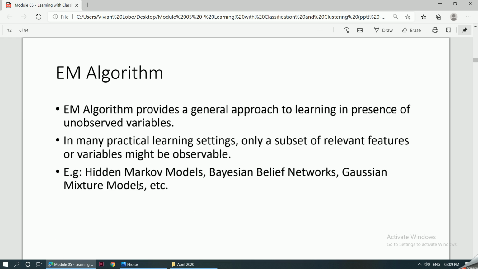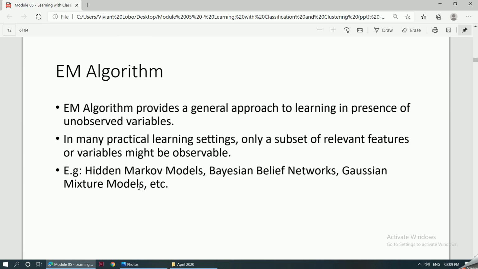So, the EM algorithm provides a general approach to learning in the presence of unobserved variables. Your unobserved variables are nothing but hidden variables or the latent variables. In many practical learning settings, only a subset of relevant features or variables are observable.